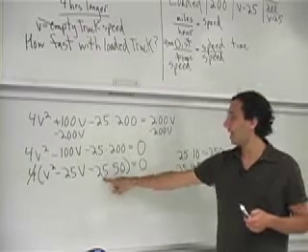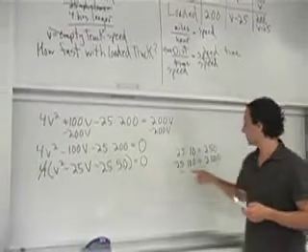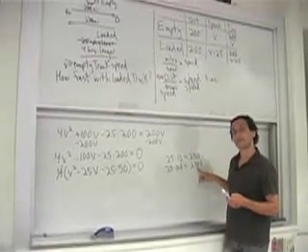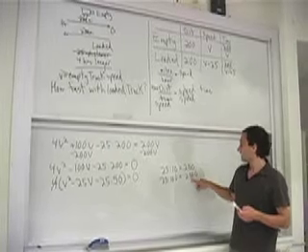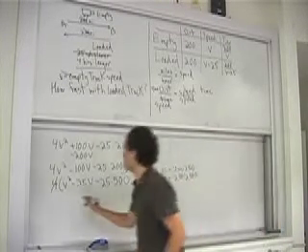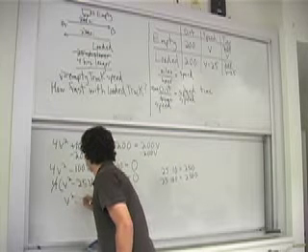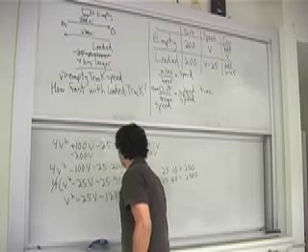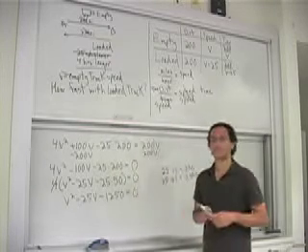So 25 times 50 is just going to be half of that, which is 1250. So V squared minus 25V minus 1250 equals 0.